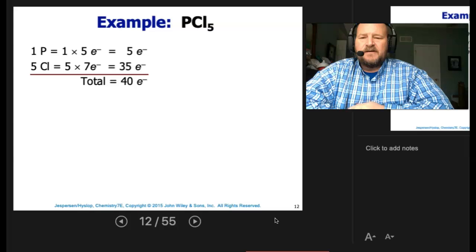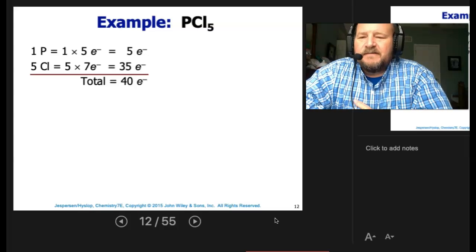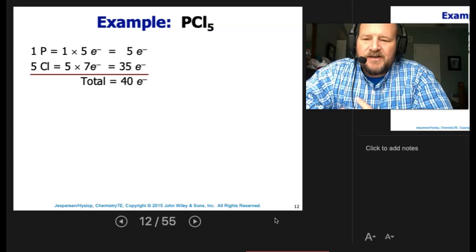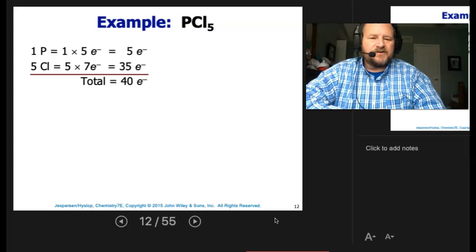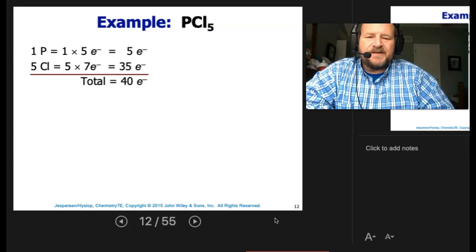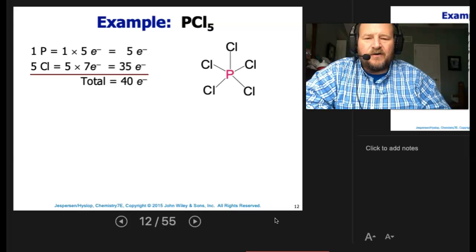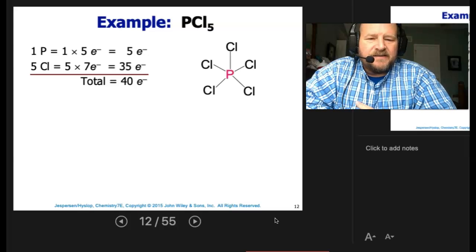Same process. We have phosphorus, 5 electrons, one of them, 5 chlorines, 7 electrons each, 35, gives us a total of 40 electrons. We know that the phosphorus has to be the central atom.